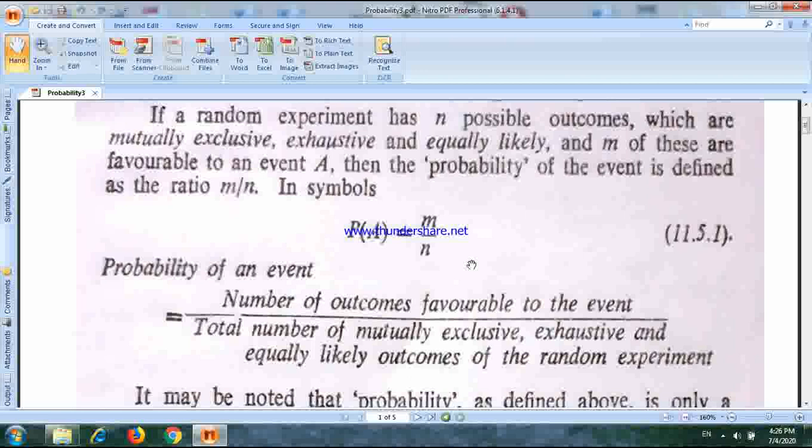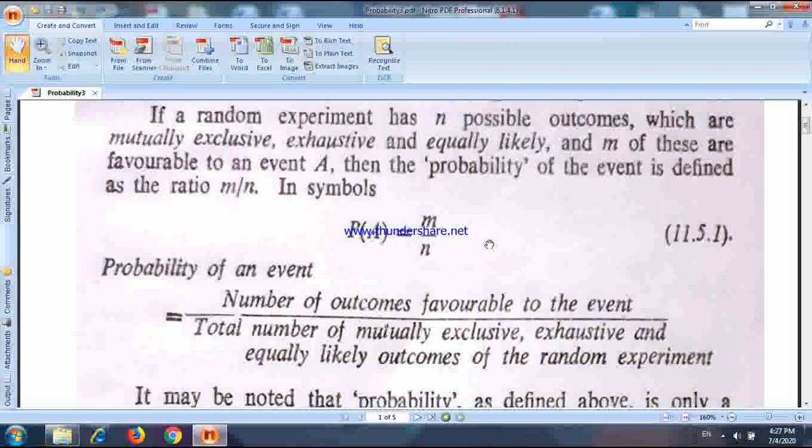What is B? B is an event of getting a number less than 1. Now when a dice is thrown, no number is there less than 1. So in that case, what will be the value of m? 0. So in that time the required probability will be 0 by 6. That means 0. So that means the minimum value of m is 0.